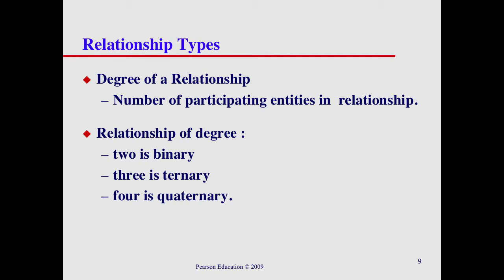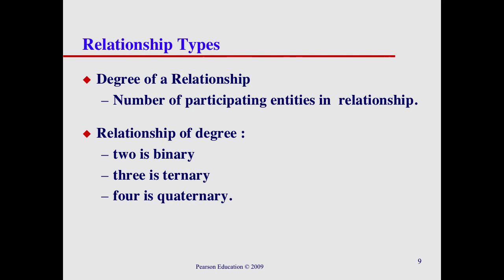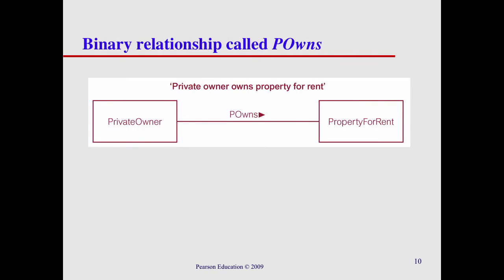In this case, we're talking about something else. In this case, the degree of a relationship is the number of entities that participate in it. So normally it's binary. So this is a binary relationship, but sometimes you have more than two entities participating. So we call 3 in a relationship a ternary relationship, 4 a quaternary, and so on.